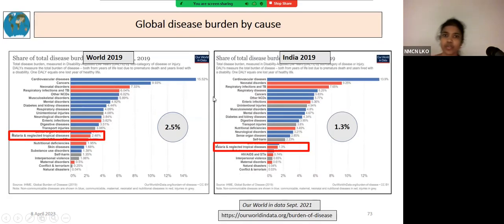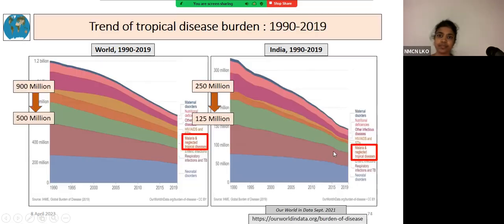If you see the global disease burden cause-wise, though non-communicable disease contributes the maximum burden, both worldwide and in India, followed by communicable disease, malaria and neglected tropical disease account for 2.5% worldwide, and in India, it accounts for 1.3%.